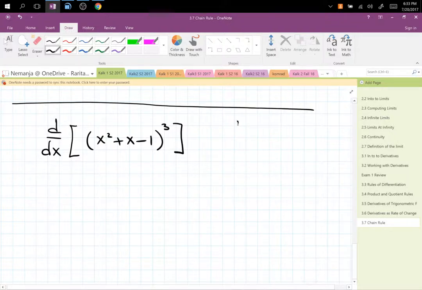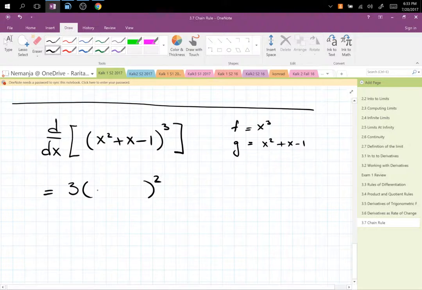So the outer function f is x cubed, the inner function g is x squared plus x minus 1. Therefore, the derivative of this must be 3 whatever squared, and the whatever was x squared plus x minus 1, times the derivative of the inside, which is 2x plus 1.